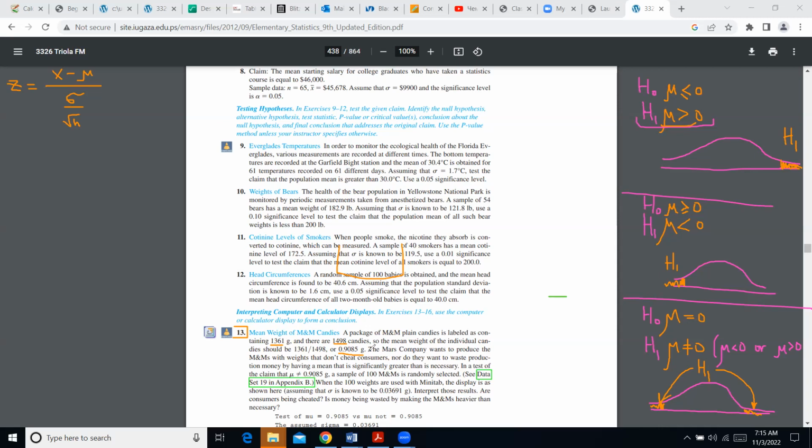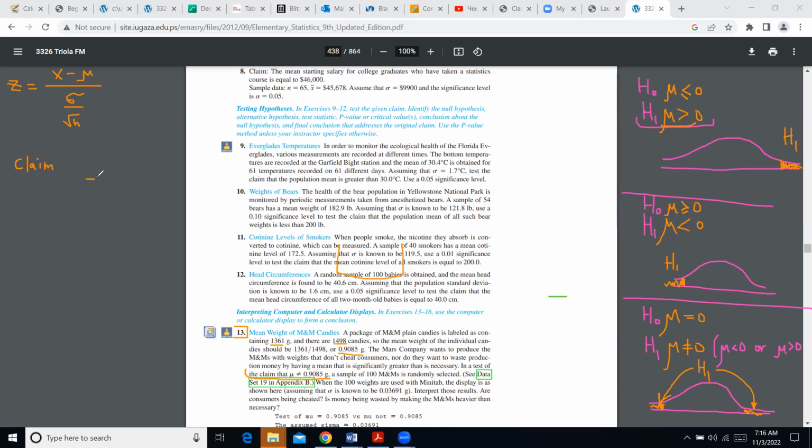And they claim that the mean is not 0.9085. So you said that these candies that you counted have the average 0.9085, and they say no, that's not correct, because our candies don't weigh that much, or our candies are probably heavier.